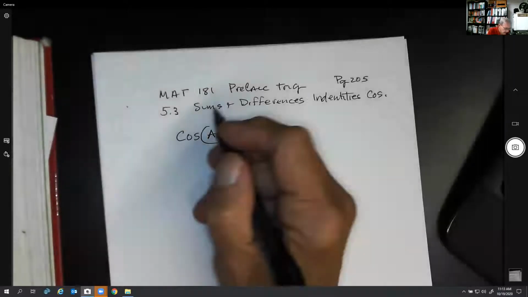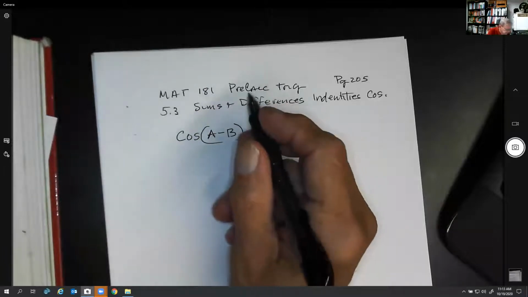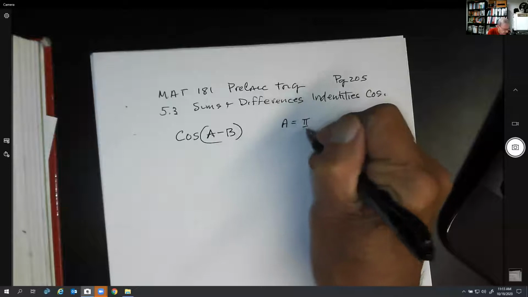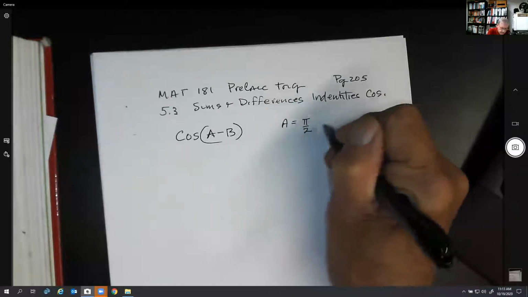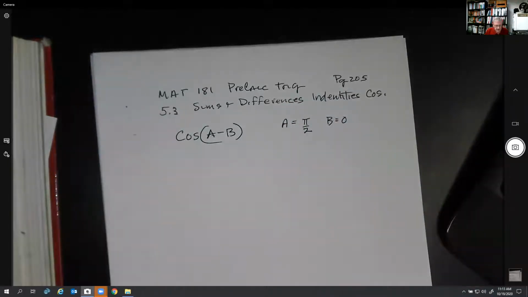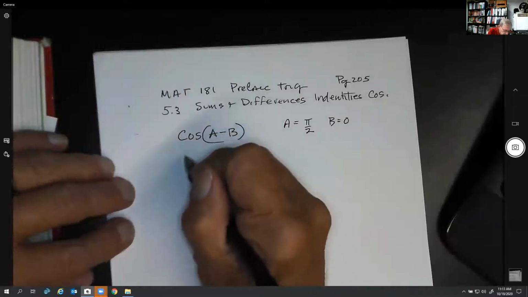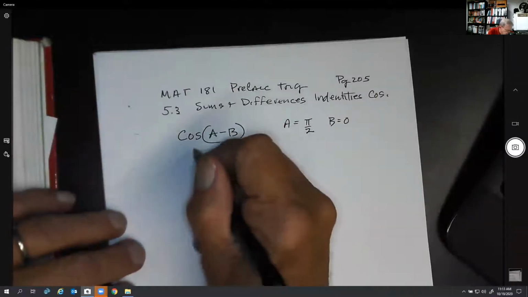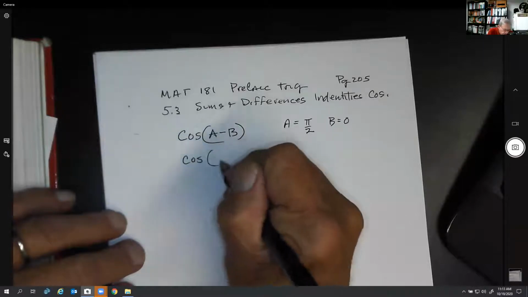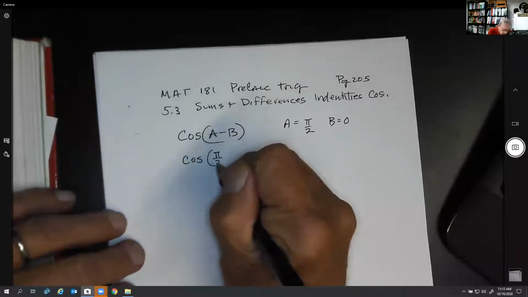So let's say A was pi over 2, or 90 degrees, and B was 0 degrees, or just 0 radians. If we did it by distributing, we would think this is the cosine of pi over 2 minus 0.